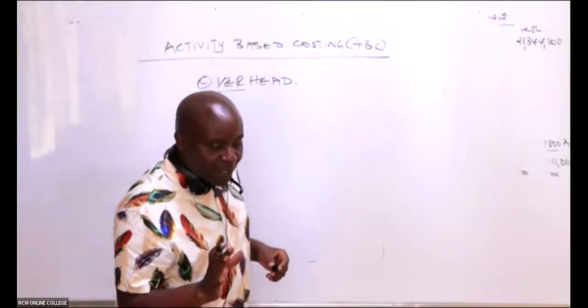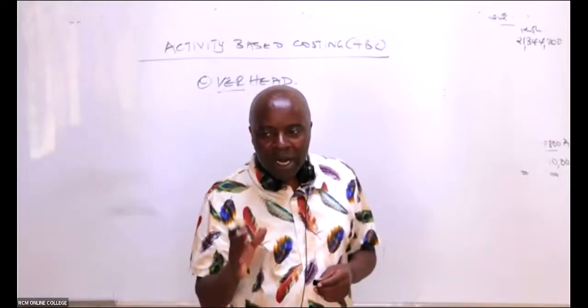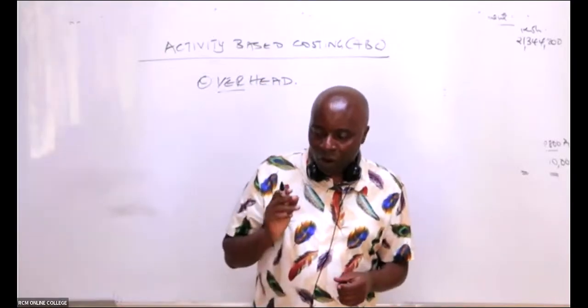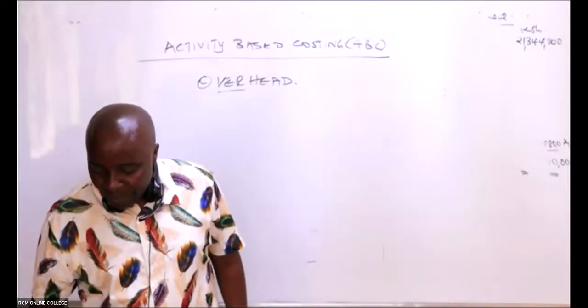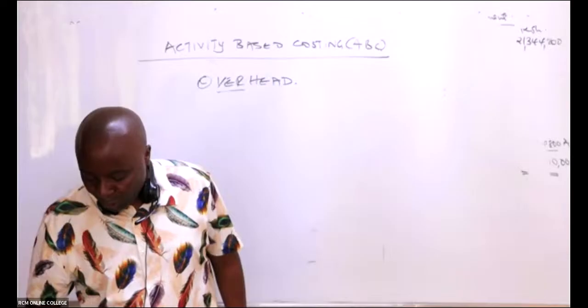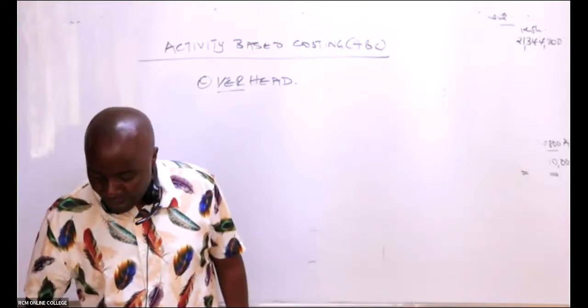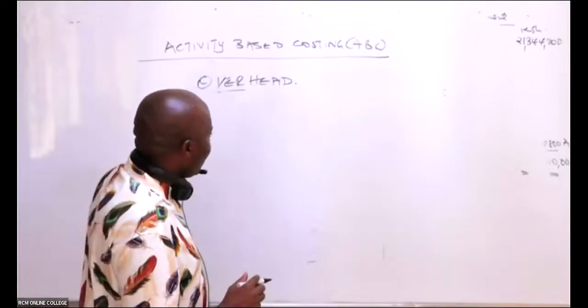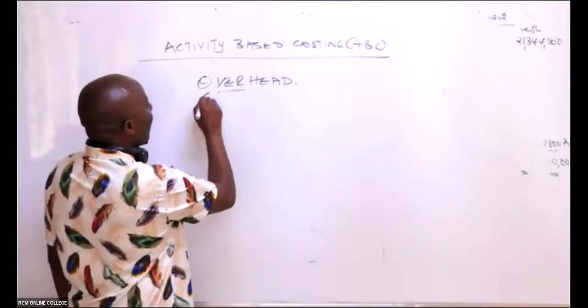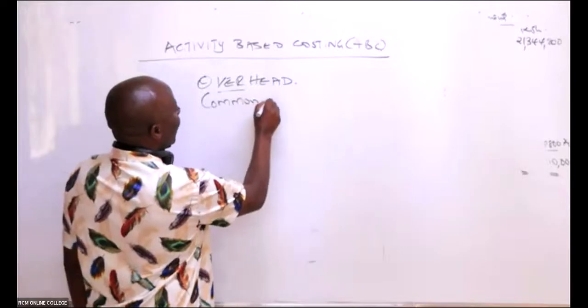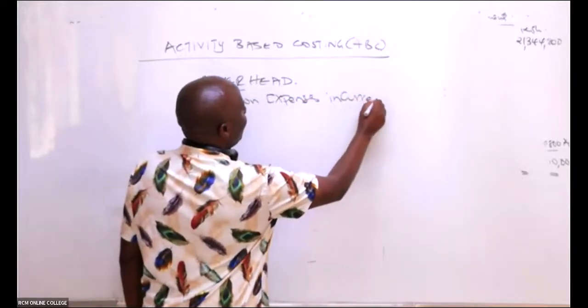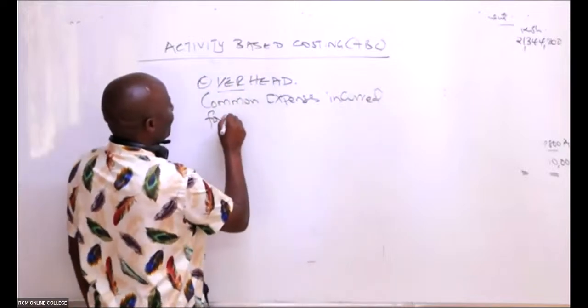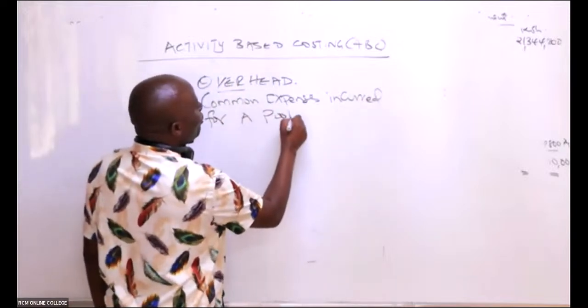What is an overhead? From the name, overheads are basically common expenses. These common expenses, at the end of the day, will need what we call apportionment. They are common expenses incurred for the benefit of many units, a pool of units.